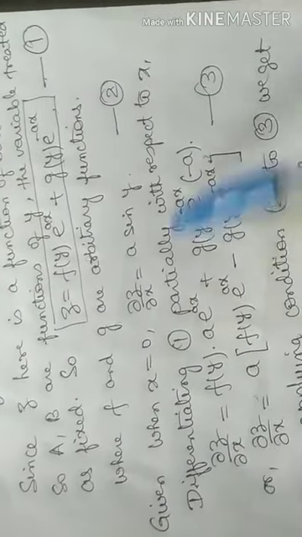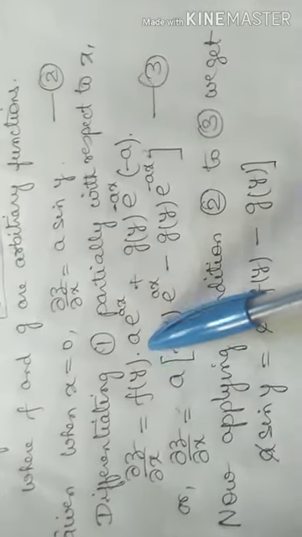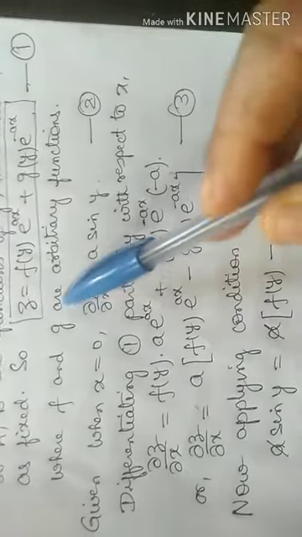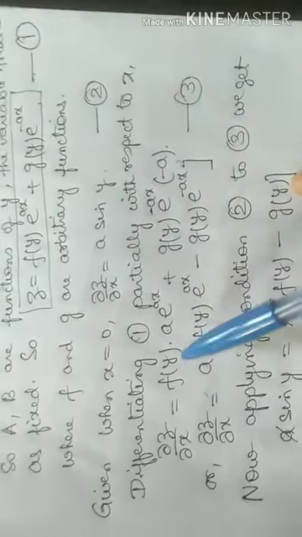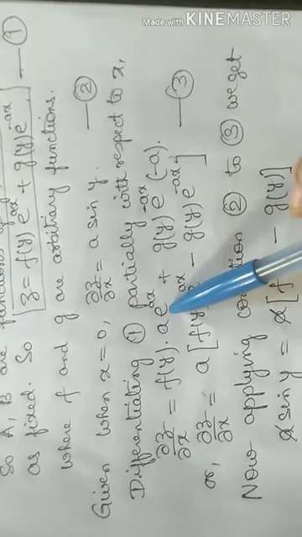So differentiating 1 partially with respect to x, we get ∂z/∂x = f(y) into, f(y) is a constant with respect to x, so f(y) as it is into the derivative of e^(ax). The derivative of e^(ax) is a e^(ax), plus g(y) is a constant, the derivative of e^(−ax) is e^(−ax) into −a, or ∂z/∂x = a[f(y) e^(ax) − g(y) e^(−ax)].